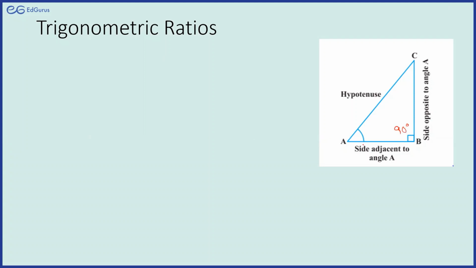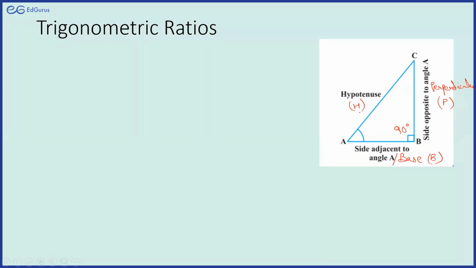This is angle A. Now, AC is the hypotenuse. AB is the side adjacent to angle A. It's also called base. Okay. And BC is the side opposite angle A, also called perpendicular. Okay. So this BC is your perpendicular, AB is your base, and AC is the hypotenuse.